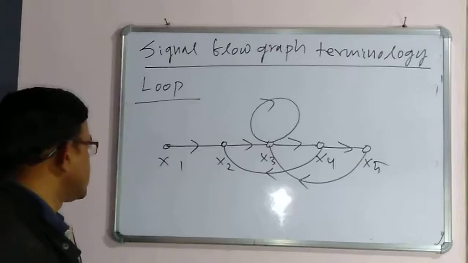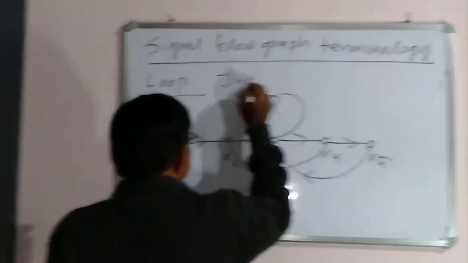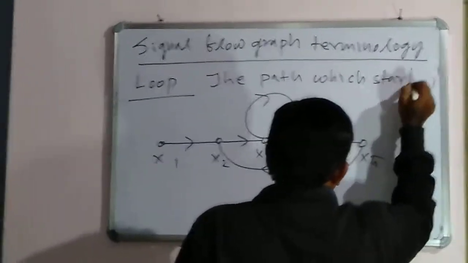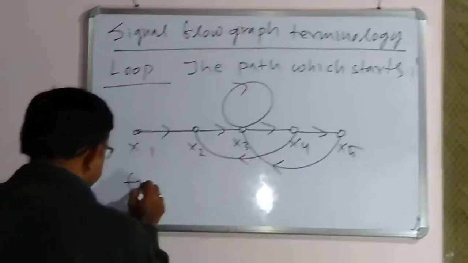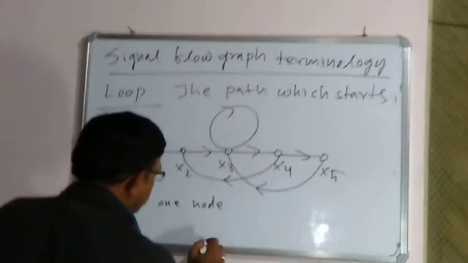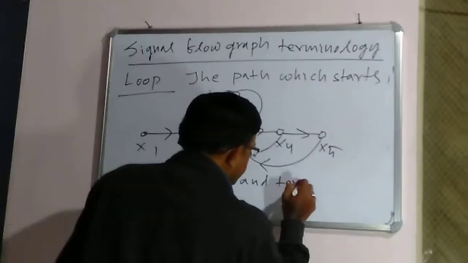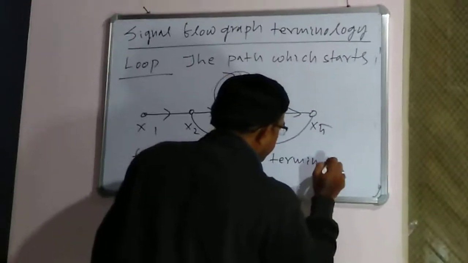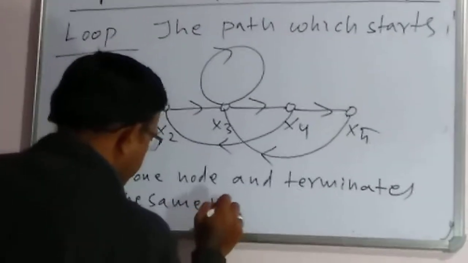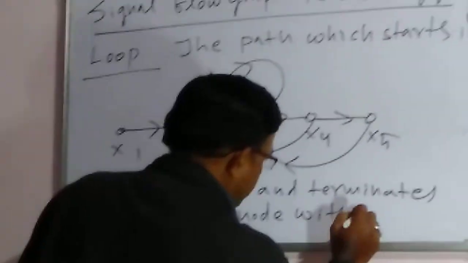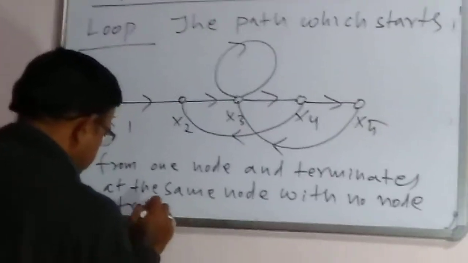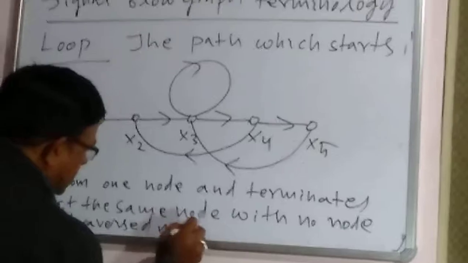A loop means the path which starts from one node and terminates at the same node with no node traversed more than once.